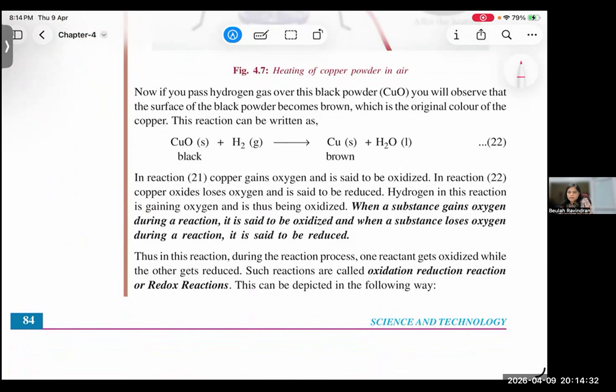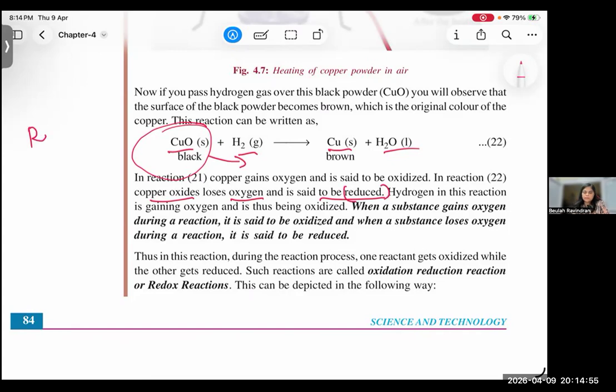Then again, black copper oxide plus hydrogen gas becomes copper again, plus water. Copper oxide loses oxygen and is said to be reduced. If it loses oxygen, it is reduction. What is reduction?